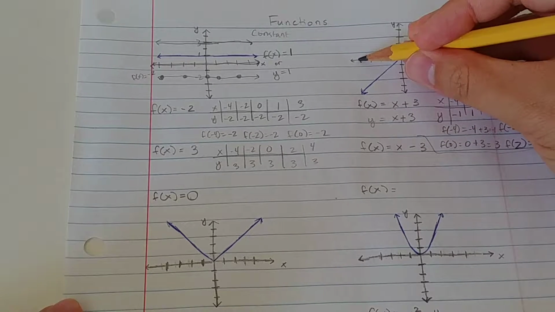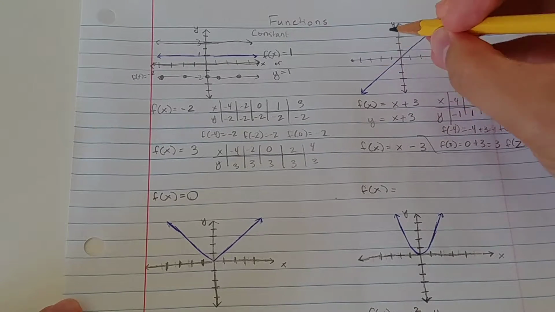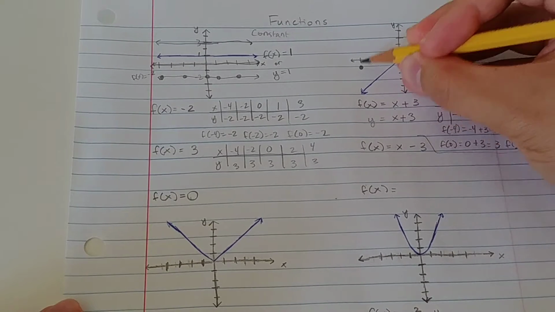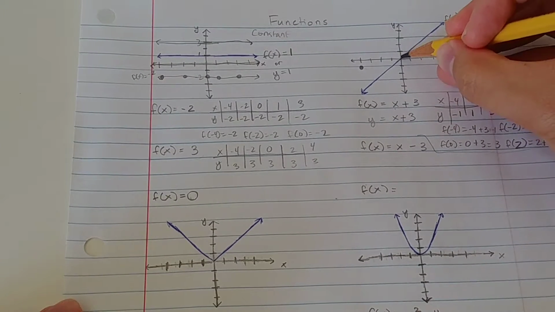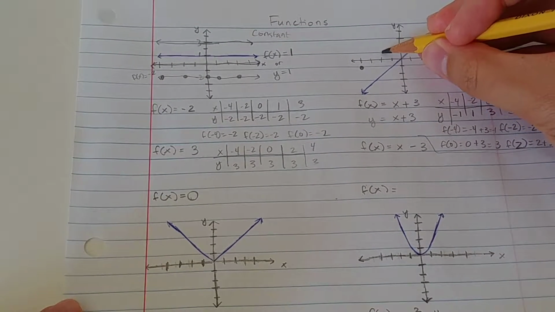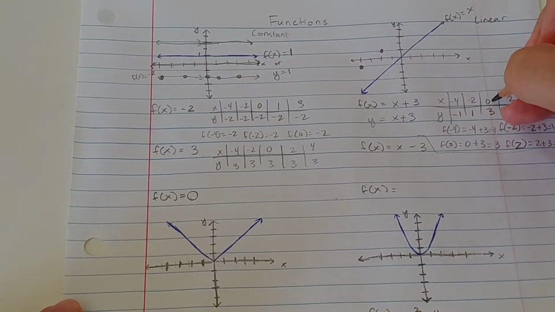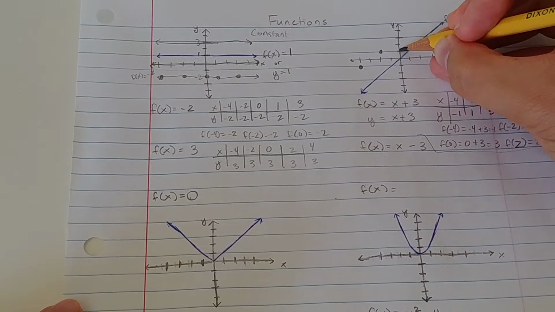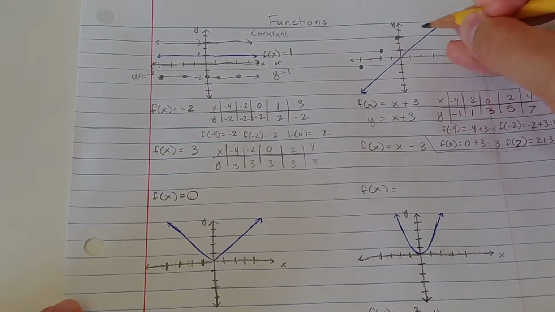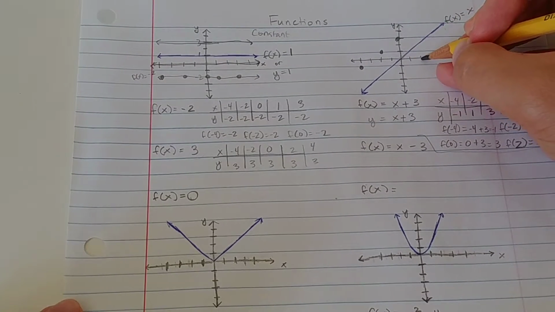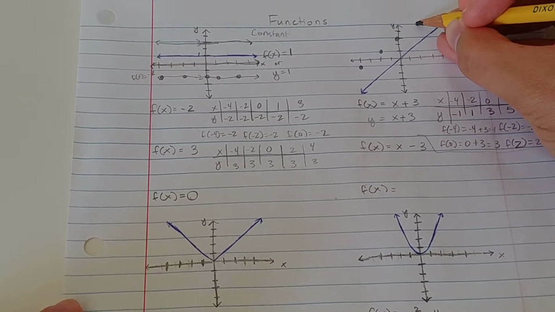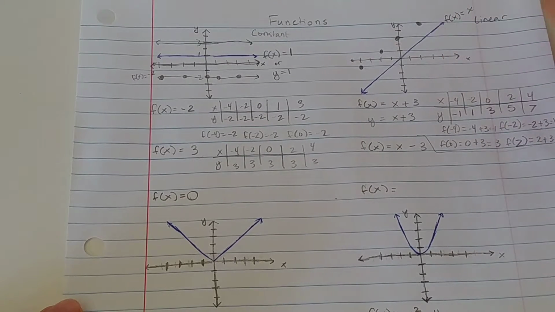-4, comma, -1. It's down here. -2, 1, 0, comma 3, 0, up 3, and 2, comma 5. Go to the right 2, up 5. Oh, there is no 5, so I'm going to put it up here where it would be.